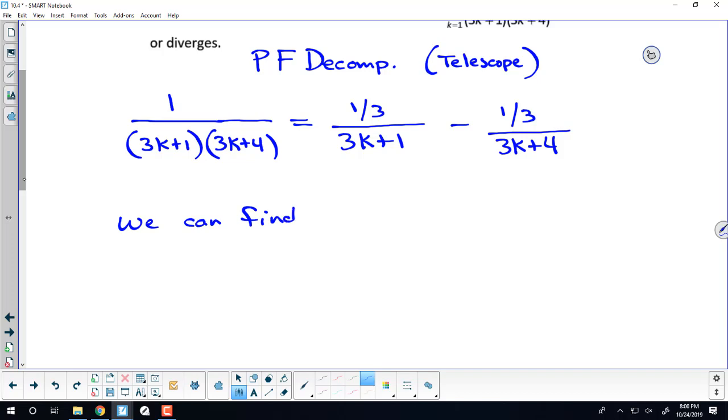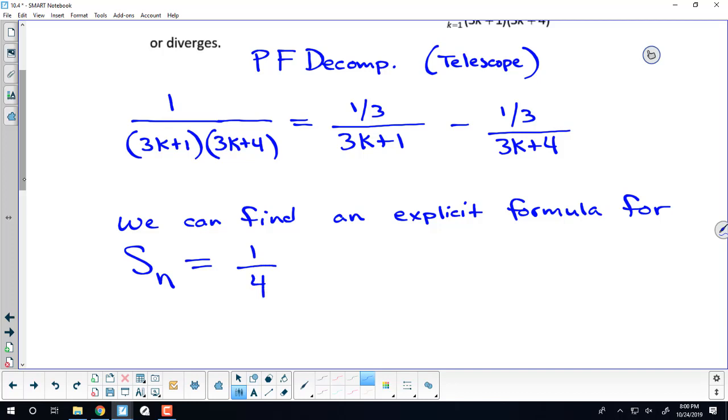With telescoping series, you can find an explicit formula for the nth partial sum. Let me see what that should be. 1/4 minus 1 over 3n plus 4 is your nth partial sum.